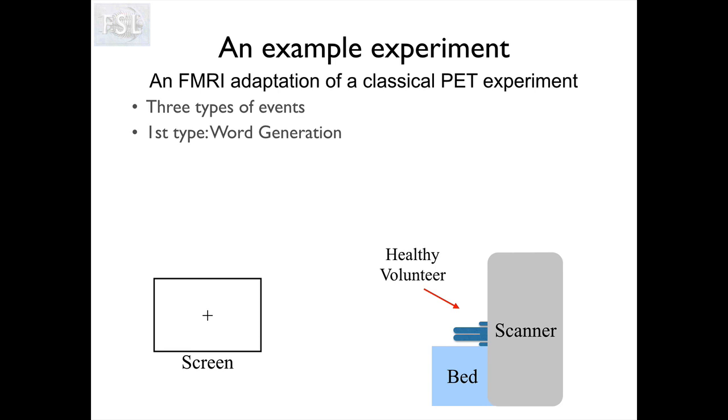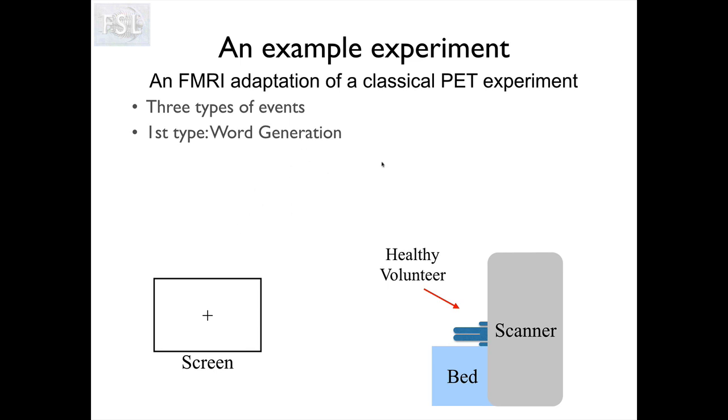The example experiment is an fMRI adaptation of a classical PET experiment. It's the word generation versus word shadowing experiment, and those of you who know your PET activation study history will recognize this as a paper by Cathy Price. There are 3 types of events.